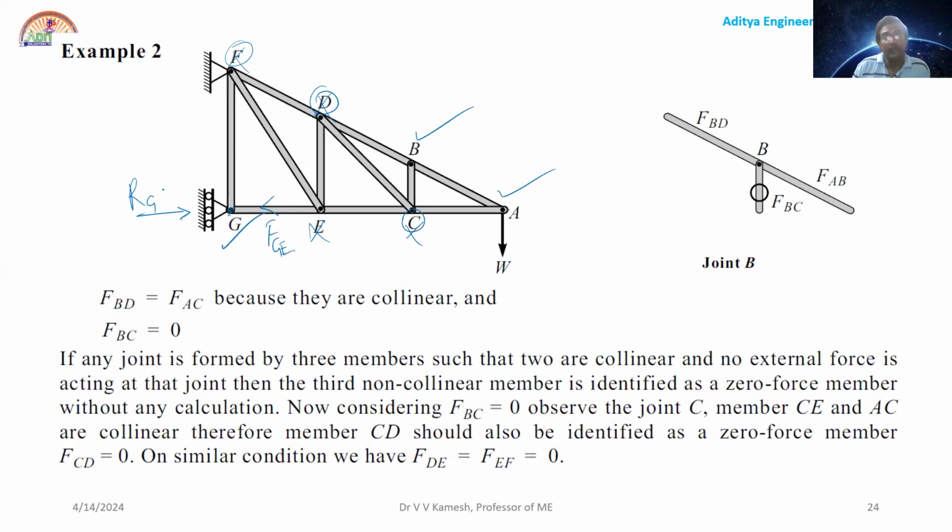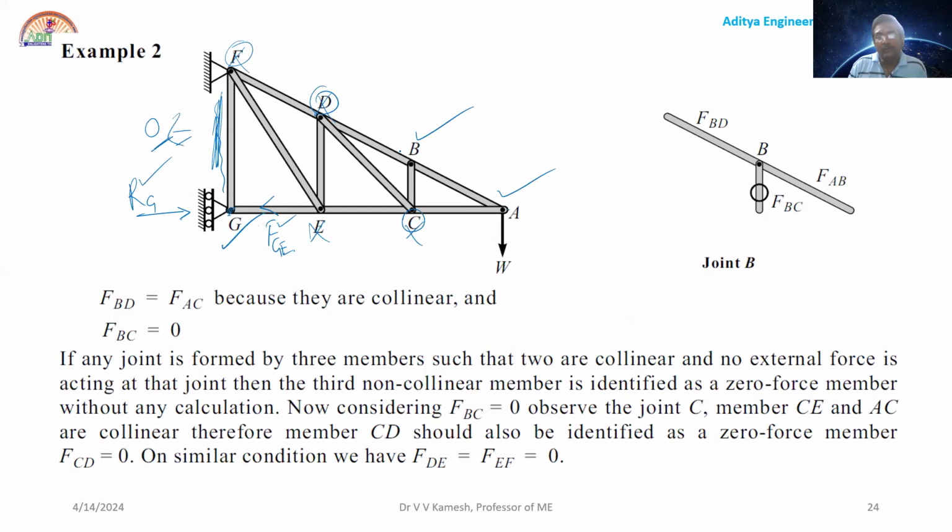Considering GE, suppose RG is equal to FGE, the force induced in this member FG, that means a vertical bar, it will become 0 if RG is equal to FGE, obviously.